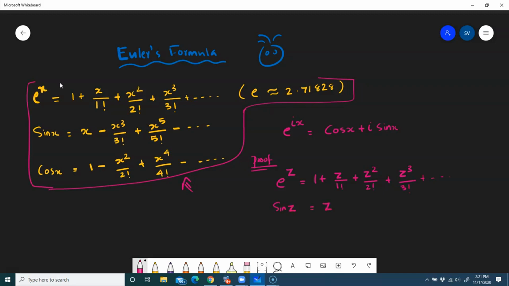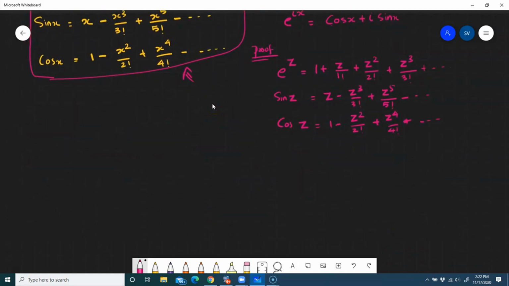can be written as z minus z cube by 3 factorial plus z to the power 5 by 5 factorial minus etc. Similarly, cos z equals 1 minus z square by 2 factorial plus z to the power 4 by 4 factorial minus etc. This is actually right in terms of complex numbers; for a complex number we can write it as it is.